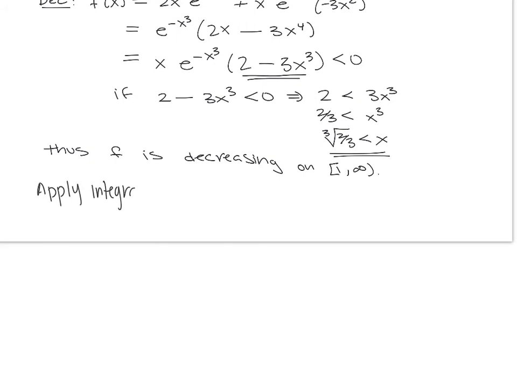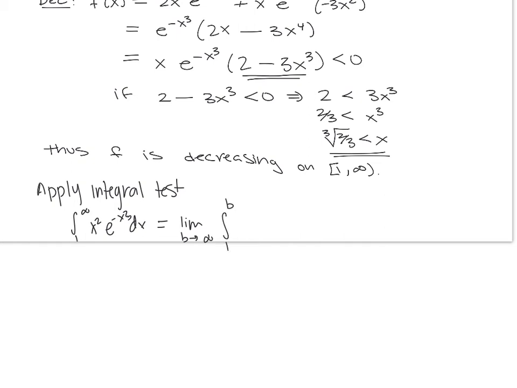As in, you must find the integral from 1 to infinity of x squared e to the negative x cubed dx. If this integral converges, your series will also converge, and if the integral diverges, your series will diverge.